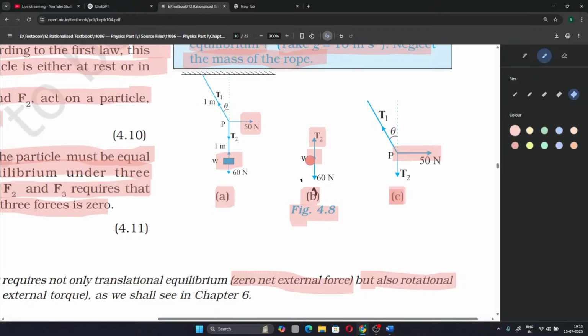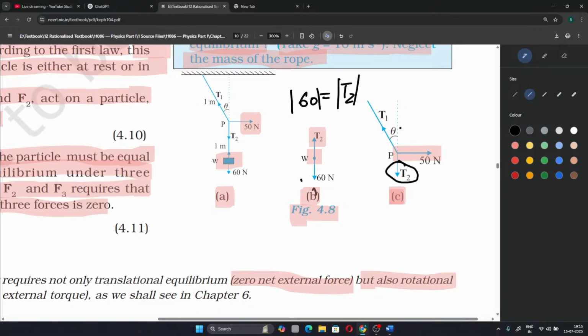When we draw the free body diagram, based on the main tension we can say 60 equals T2, in magnitude only. 60 is a constant, but in newtons, if we take force, this force is equal to tension T2, and tension T2 should be equal to the vector sum of these two forces here. So we can equate T2 to be equal to T1 plus 50 Newton vectorially.